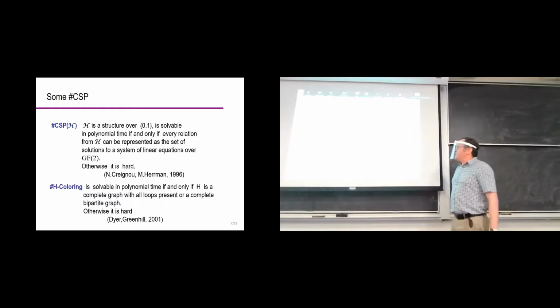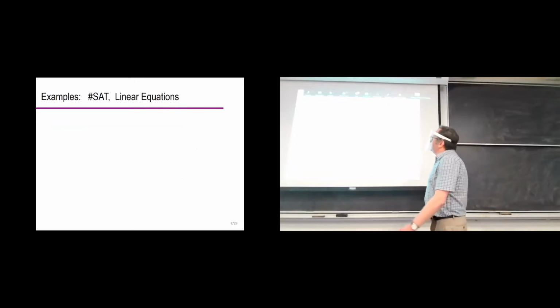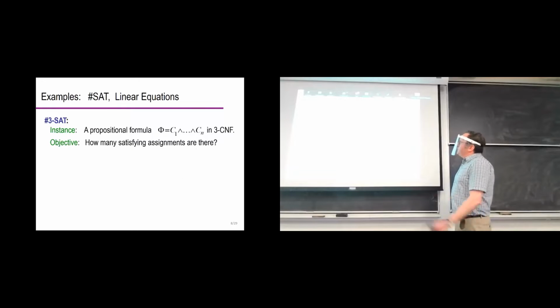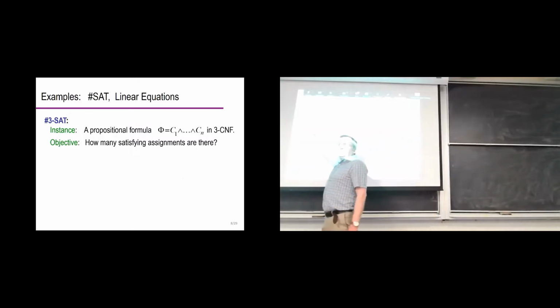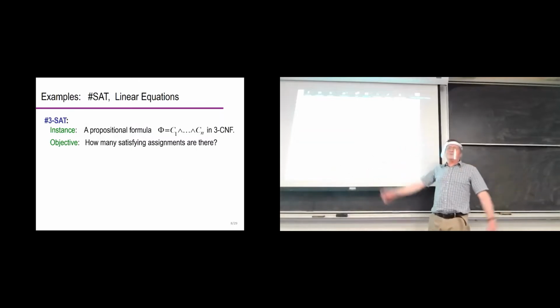For actual H-coloring, the reason for easiness is just that the problem is trivial. Okay, what else? Other counting CSPs, say counting satisfiability. I have a CNF, and I want to count the number of satisfying assignments.